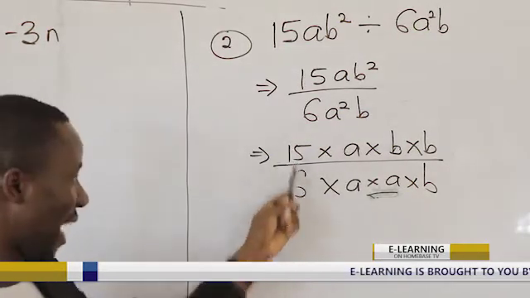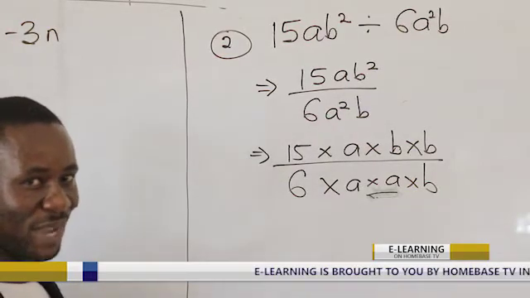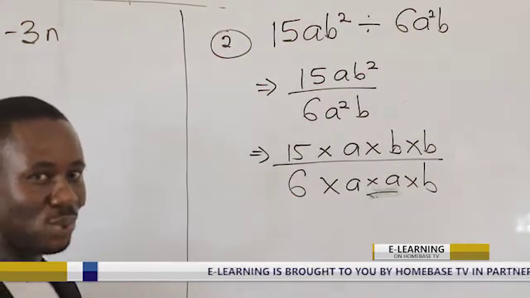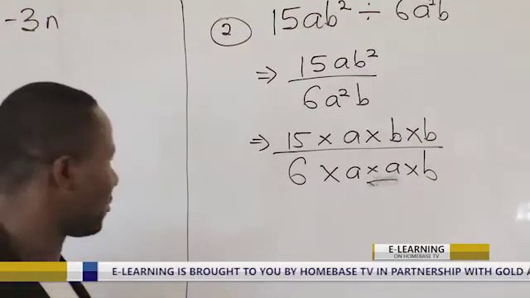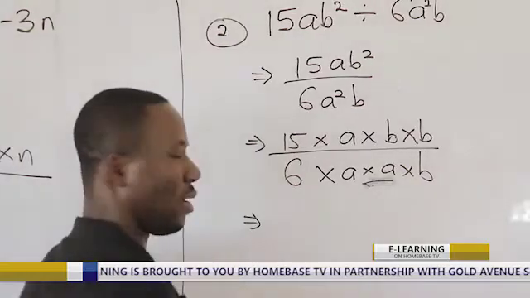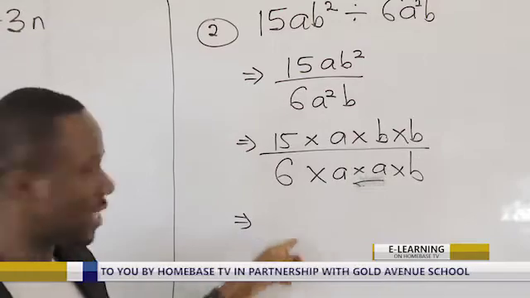So easily, we can deal with the numbers. This division, 15 divided by 6. We are simplifying. It means we have to reduce to the simplest form or the lowest term. We need a common factor for this, and of course, the highest common factor.